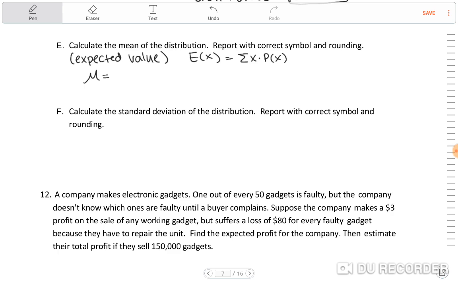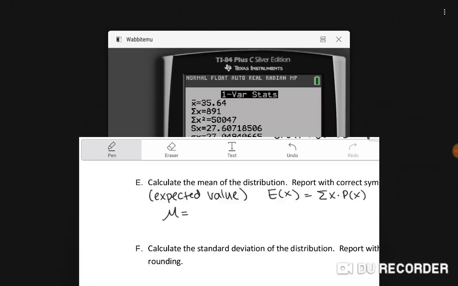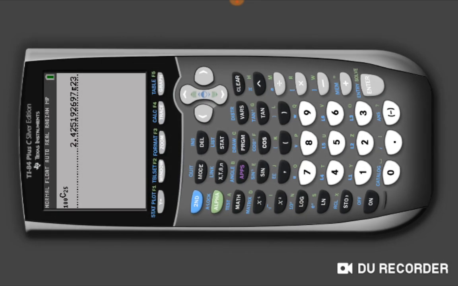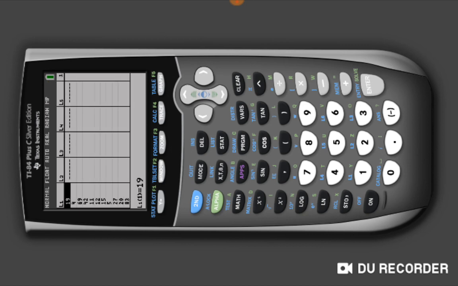Okay, so if we take x times p of x, so that p of x is like the frequency, right? If you set it up in your calculator, you've got your 2 columns. Your first column is going to be your x's. So let me show you that. We're going to go to Stat, Edit, and in my first column I'm going to put my 0, 1, 2, 3, 4.